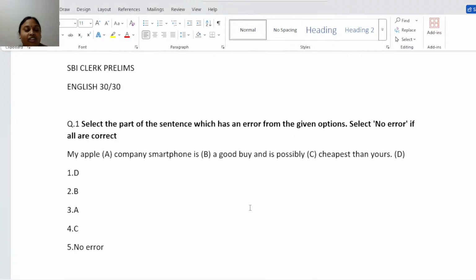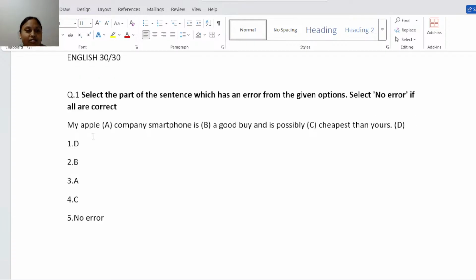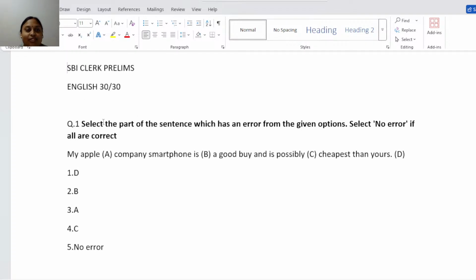Let us start the prelims exam of the English subject. Today we are going to discuss the first question.